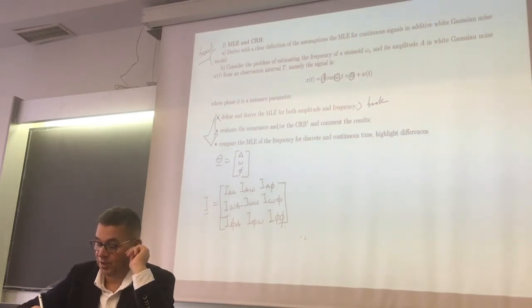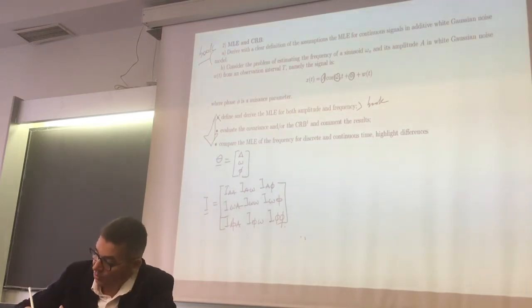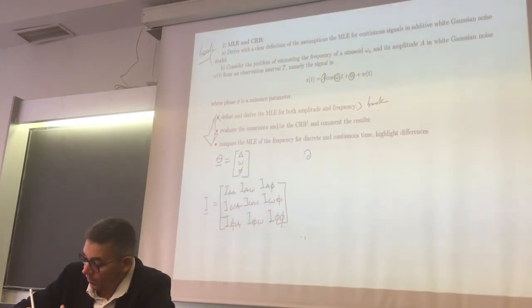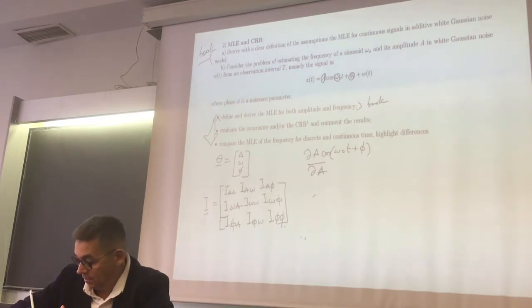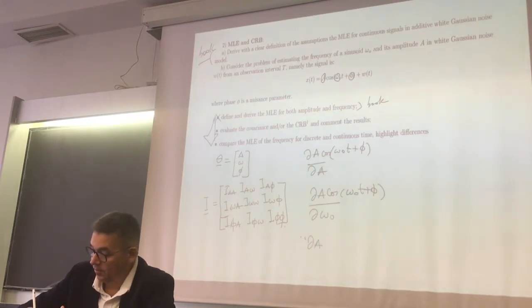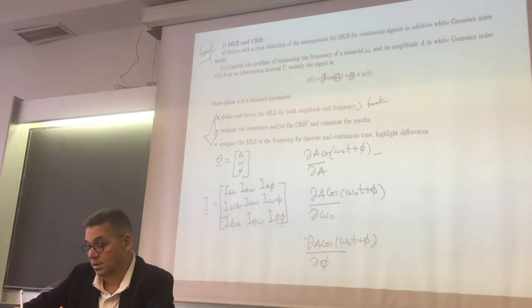Since we are running out of time, I need to calculate the derivative of A cosine omega 0 t plus phi with respect to amplitude, with respect to omega 0, and with respect to phase. So let's start with the first. This is the easy one. The partial derivative with respect to the amplitude is cosine.